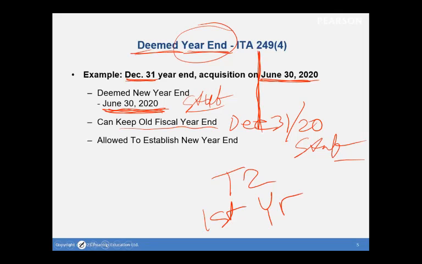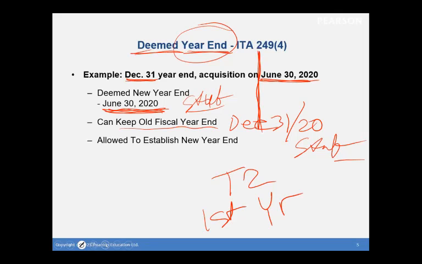From a practical standpoint, often people will just try to have as few year ends as possible, so just push that to June. For accountants, we love companies that don't have a December year end, because if everybody has a December year end, everybody wants their stuff all done at the same time.